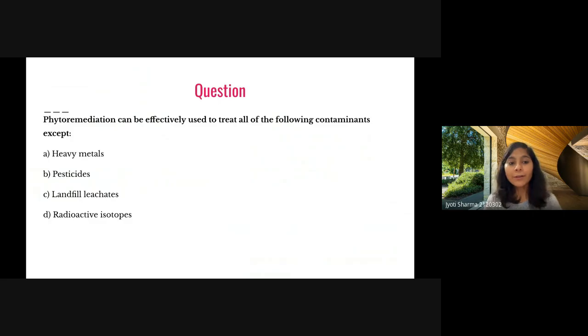Phytoremediation can be effectively used to treat all of the following contaminants except: heavy metal, pesticide, landfill leachates, and radioactive isotope.